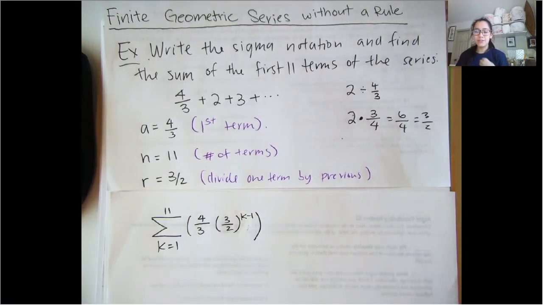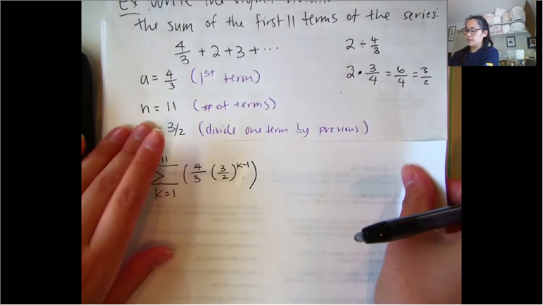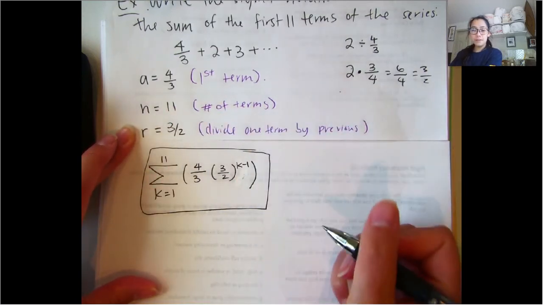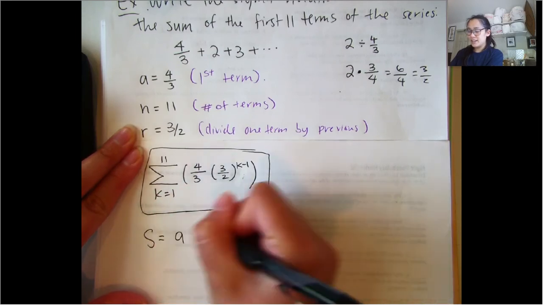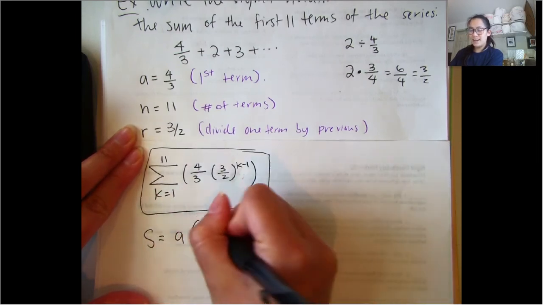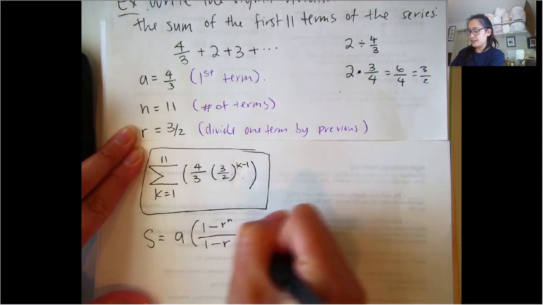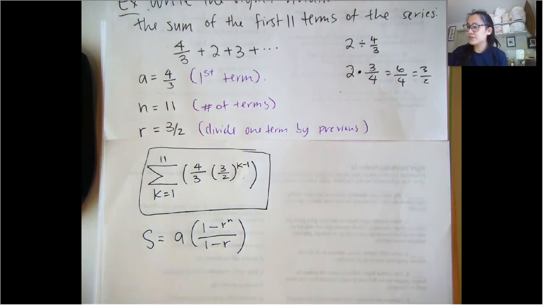Now we also have to find the sum. And if you remember, the formula for the sum is S equals A times 1 minus R to the n power, all over 1 minus R. And so we'll just go ahead and plug each of those in.